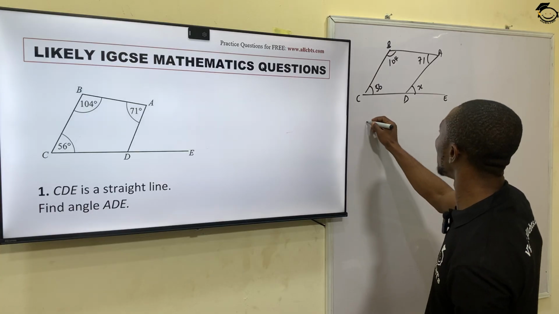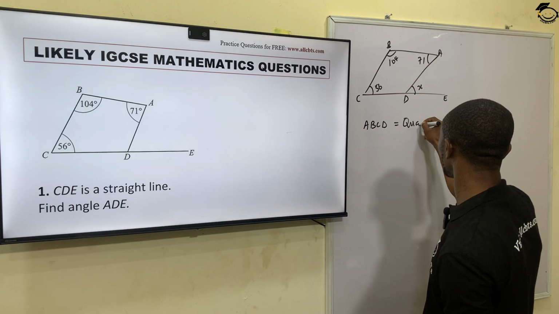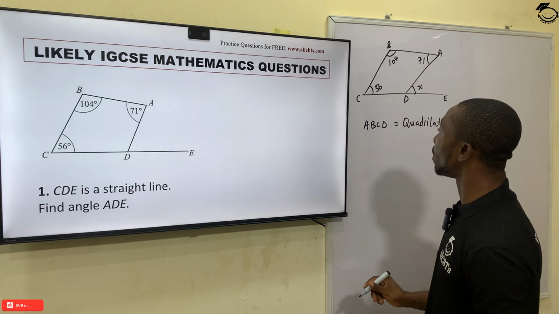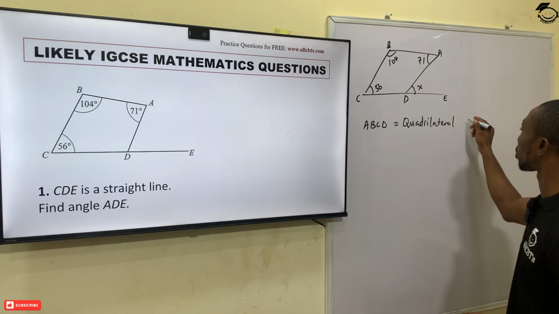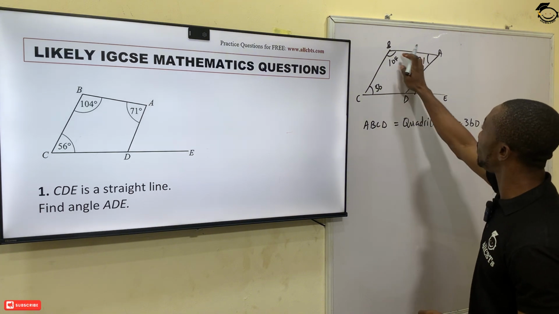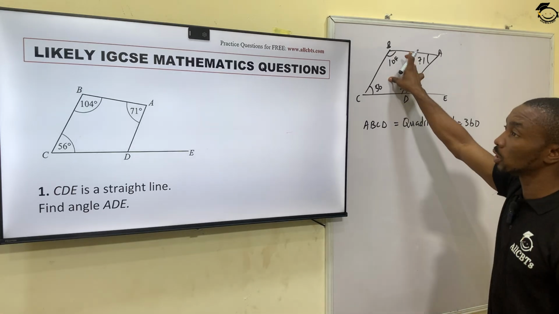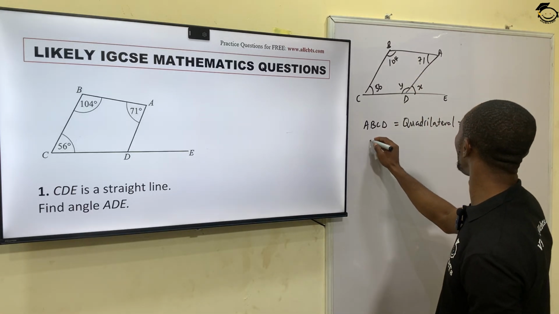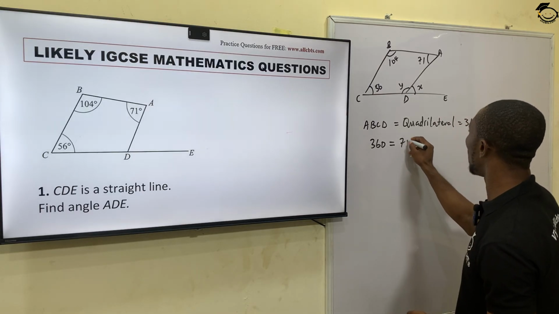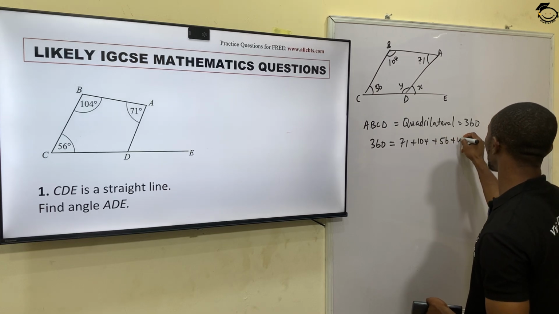Now, recognizing that ABCD is a quadrilateral, and the sum of angles in a quadrilateral equals 360, let's call this angle Y. So we have 360 equals 71 plus 104 plus 56 plus Y.